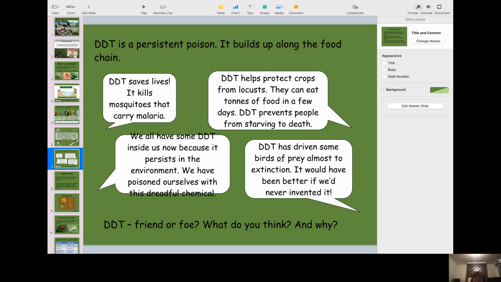Yes, it does stop locusts and it does stop pests eating and consuming all the crops that the farmers are producing. But it's also true that birds of prey have almost become extinct because they've been killed by the huge amounts of insecticide that they've consumed.